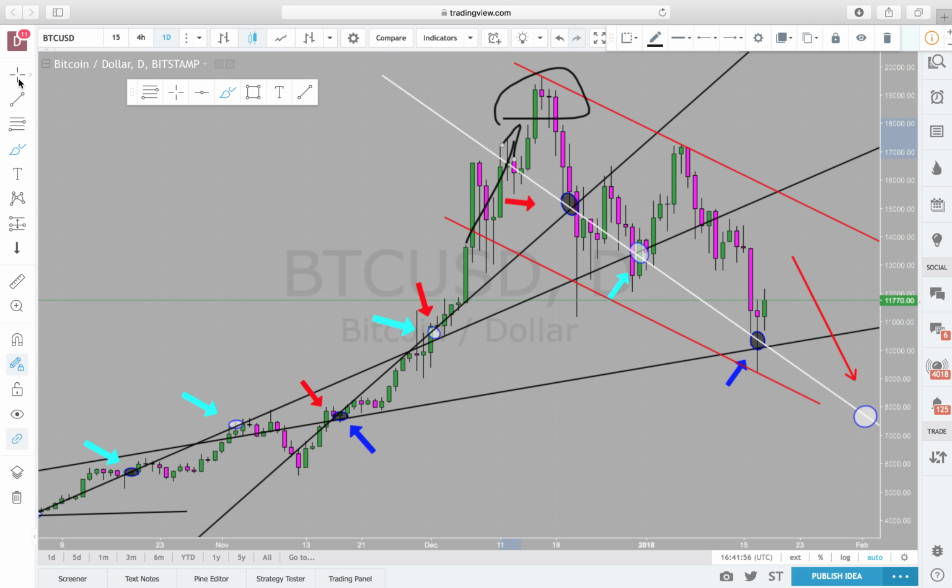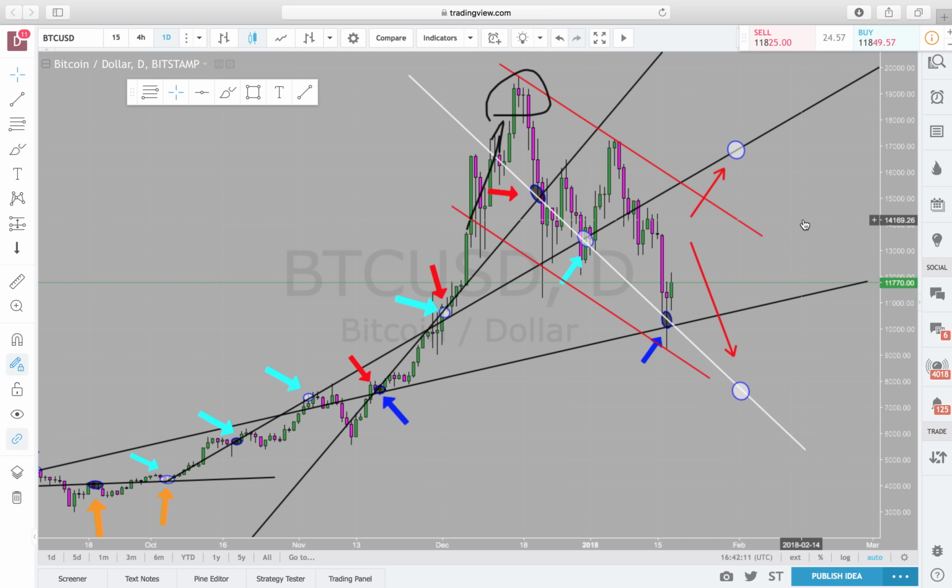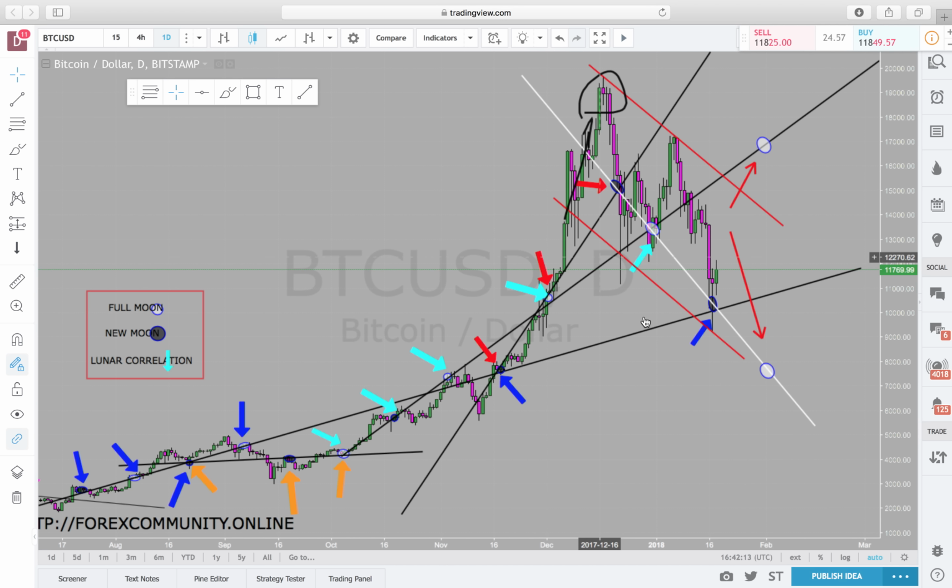Now, this chart could go either way. Check out our channel. Check out Astro Trading for more info on, basically, the lunar analysis and how the phases of the moon correlate with the market.